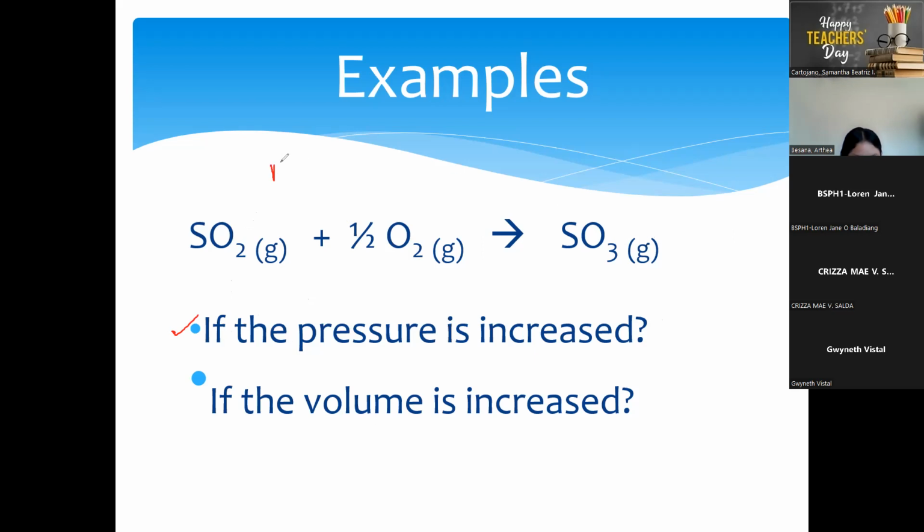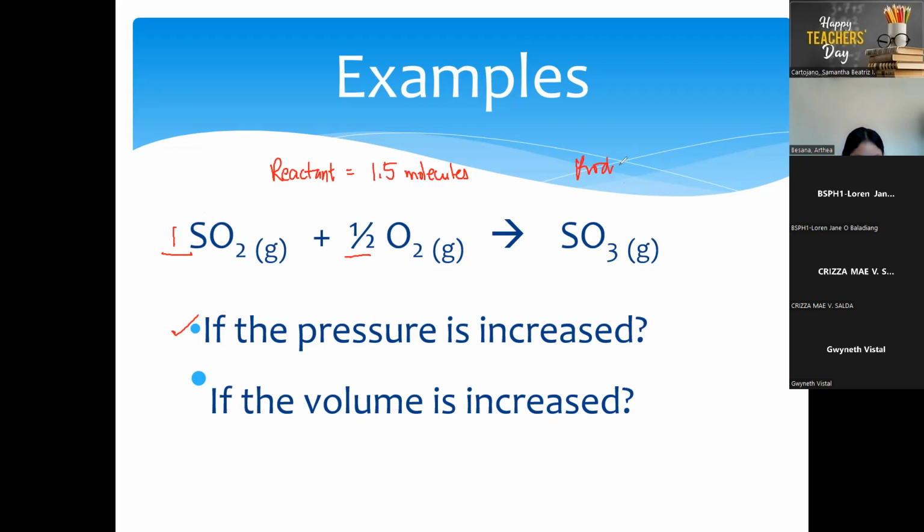On the reactant side, bibilangin mo siya based on the coefficient. Okay? So kung walang coefficient, class, that is automatically 1. So in this side, 1 plus 1/2, you have a total of 1.5 moles or molecules of gas here.